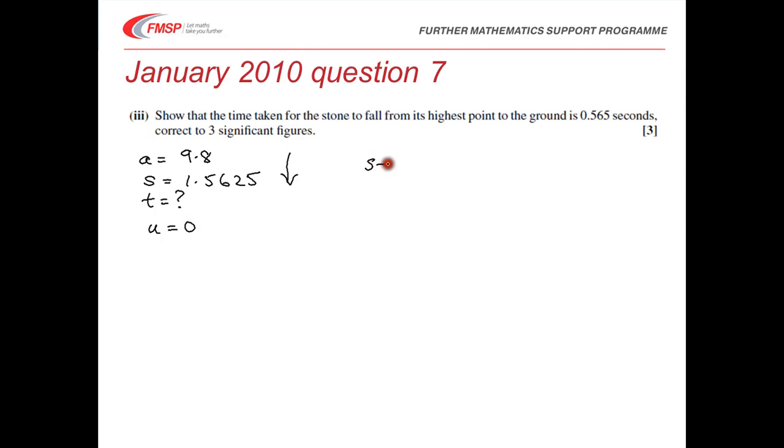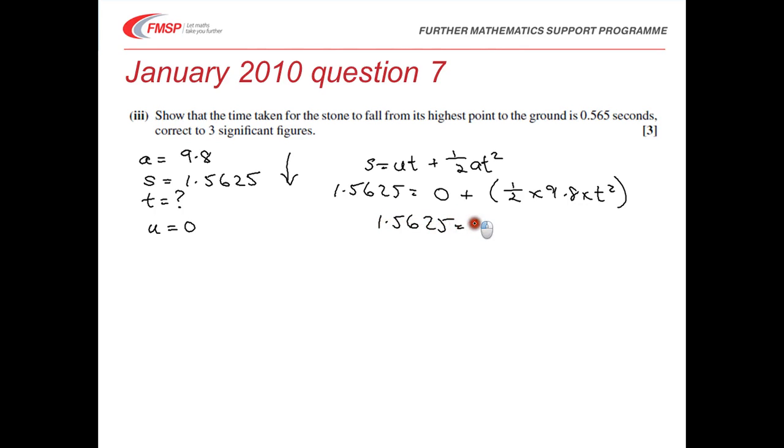So we can use SUVAT equations in the vertically downwards direction. S, U, A and T means that we're going to be using s equals ut plus a half at squared. Substituting in the values we've got, and simplifying, 1.5625 will be equal to 4.9t squared, and so t will be equal to the square root of 1.5625 divided by 4.9.